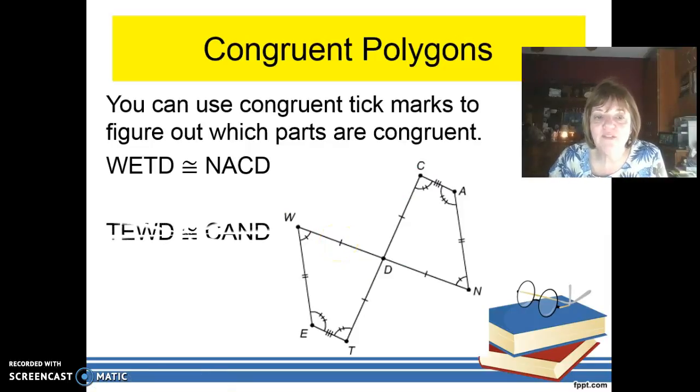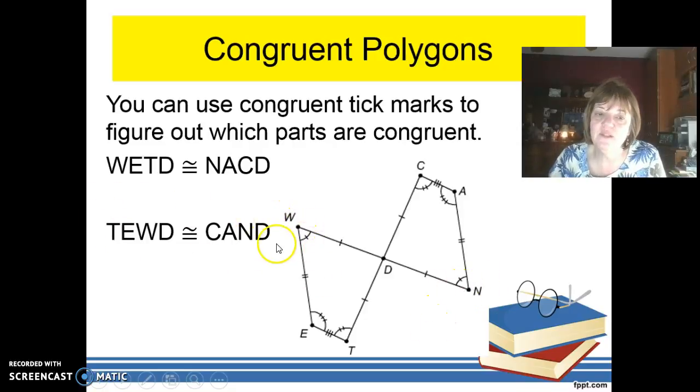Let me show you. You don't always have to have the letters in the same order as this. There isn't only one way. Usually we go alphabetically and neither one of these does, but it doesn't matter. But notice when I rearrange the letters on this one, T, E, W, D, they still match which ones they were congruent to. If you notice, T is still congruent with C, and our E, our W, that was one we talked about, W and N, are still congruent.